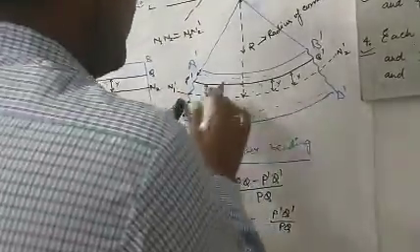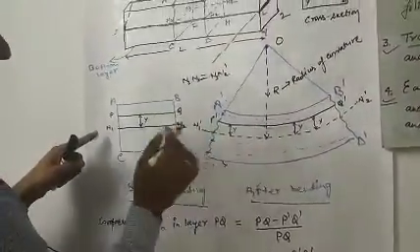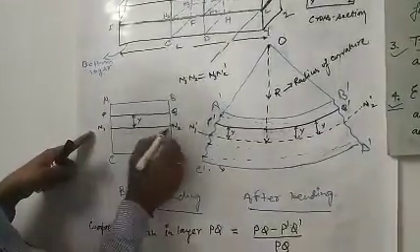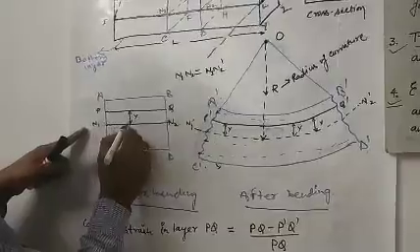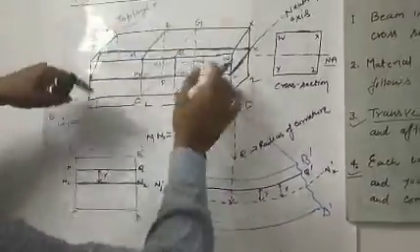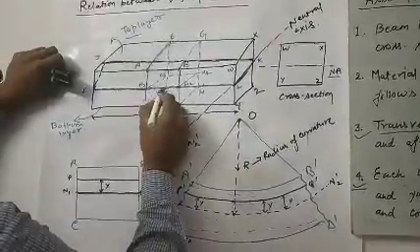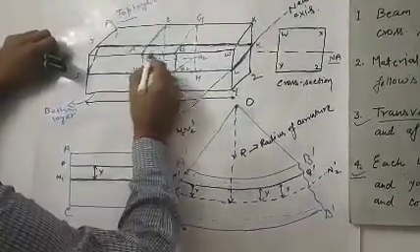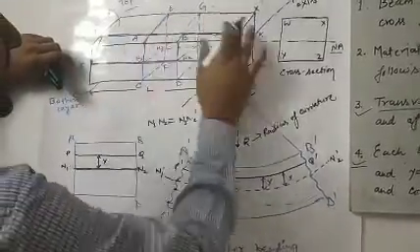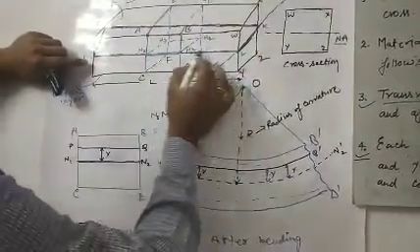For a clear explanation of this layer, I have made it here in the before bending situation. It will be N1 N2, right? This is our neutral layer, right? N1 N2, and in this 3D view of the beam, here it is mentioned this is our N1 N2 for portion ABCD, right? For portion ABCD, and for the whole length of the beam, this is the neutral layer.